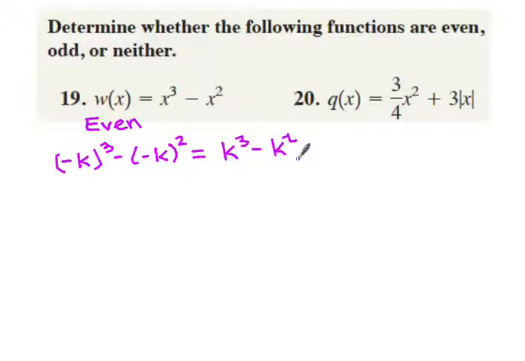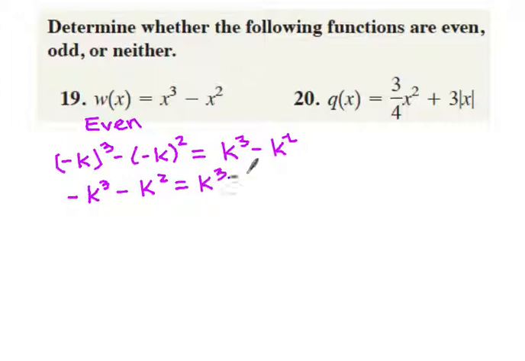As we apply these exponents to simplify, negative 1 cubed is negative 1, so this is negative k cubed, minus negative 1 squared is positive 1, so minus k squared, equals, this is already simplified.